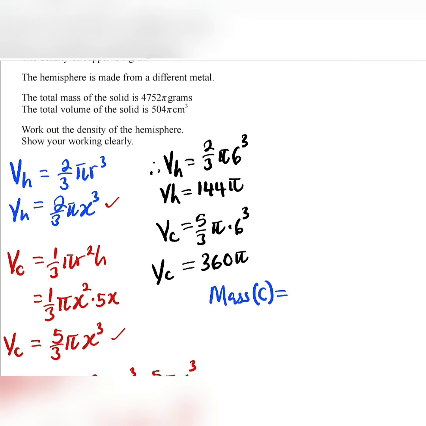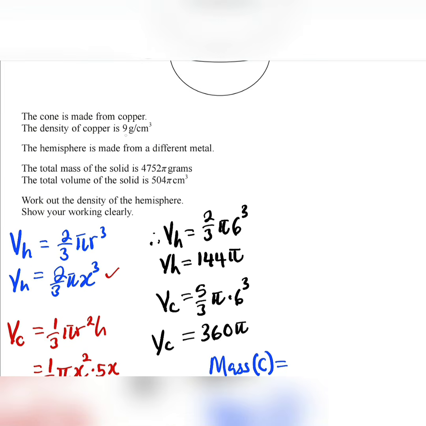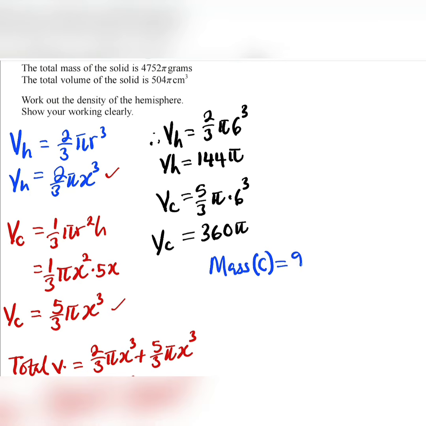And we have learned that the density of the cone, look at it, is 9. So this is equal to 9 multiplied by what? The volume of the cone, which is 360 pi. Let me use my calculator. 9 multiplied by 360 is 3,240. So 3,240 pi. This is the mass.